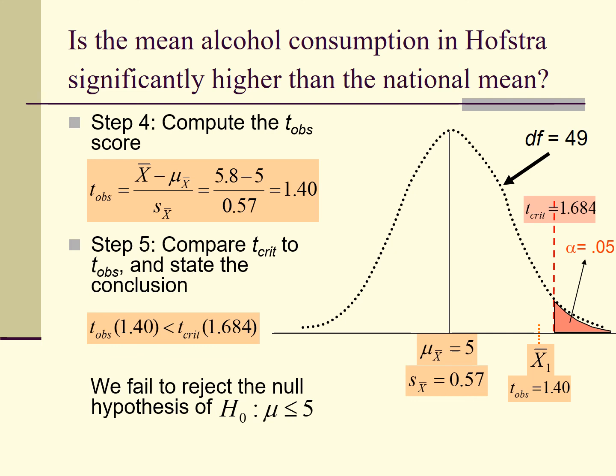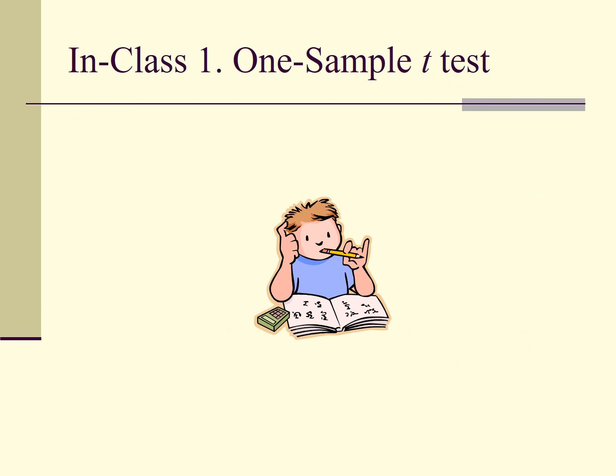Therefore, the conclusion is that Hofstra students were not significantly different from the national norm on average alcohol consumption per week. Here are the 5 steps to compute the t-test. Now you can take out the in-class exercise 1 and finish the one sample t-test on your own.